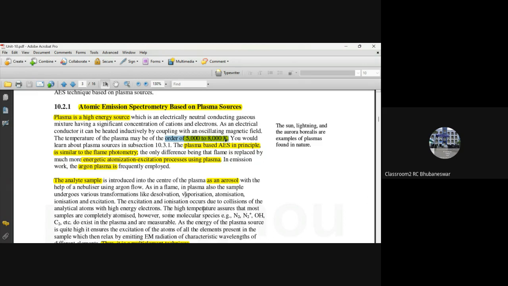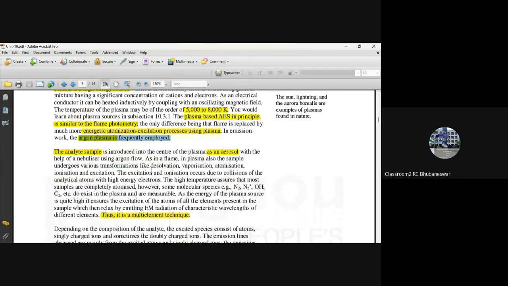In emission work, the argon plasma is frequently employed. Argon plasma is mostly used because it is inert, and why so we will see subsequently. The analyte sample is first introduced into the center of the plasma as an aerosol with the help of a nebulizer using argon flow.